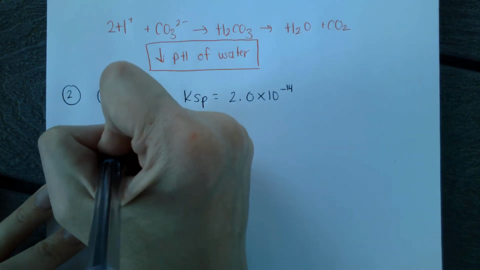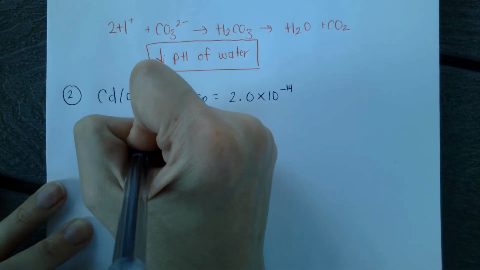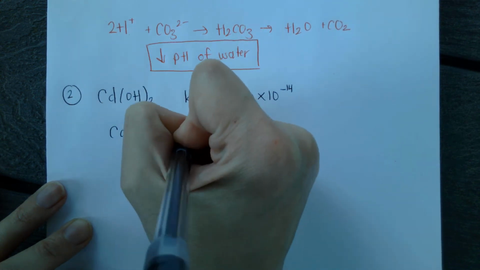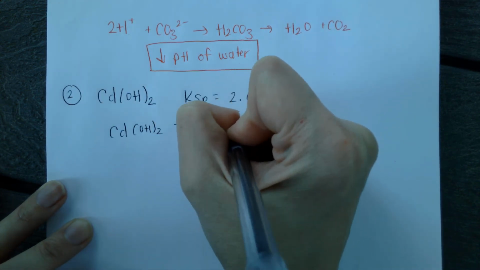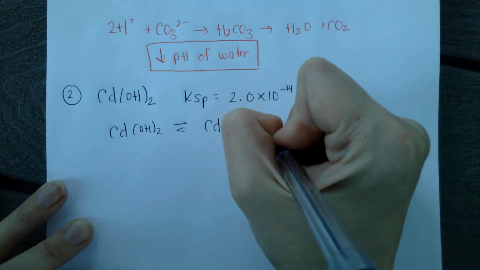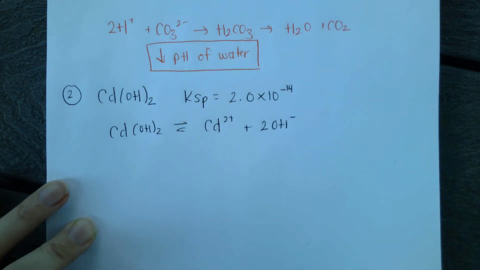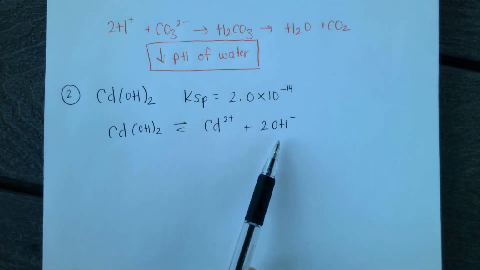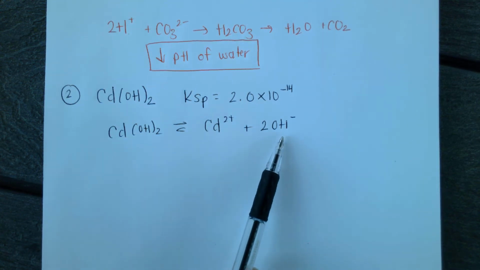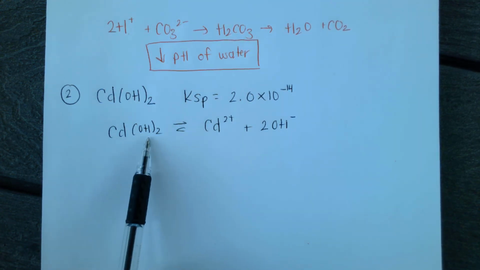So when we set up our ice table, Cd(OH)2, which is a solid, gives us the cadmium ion and 2 hydroxides, because we have that 2 right there.